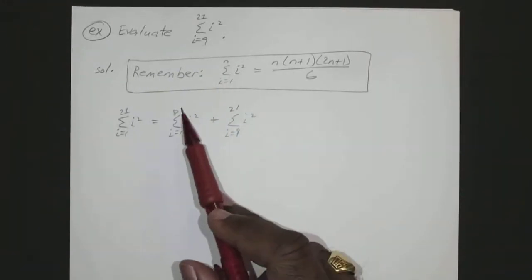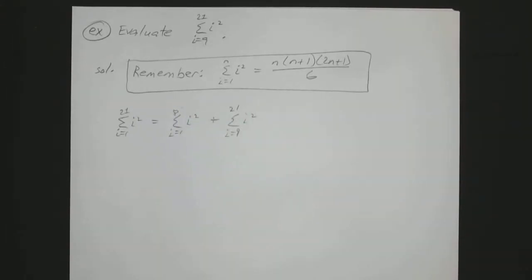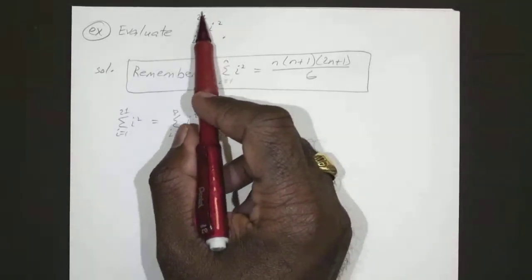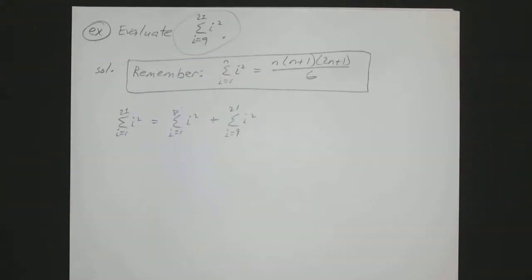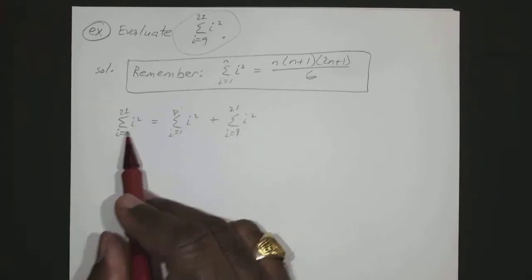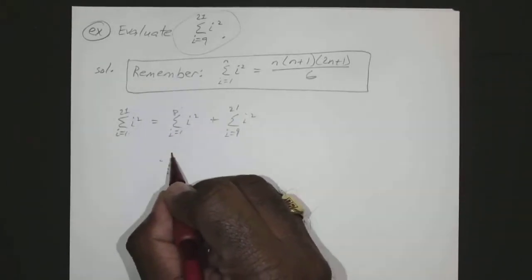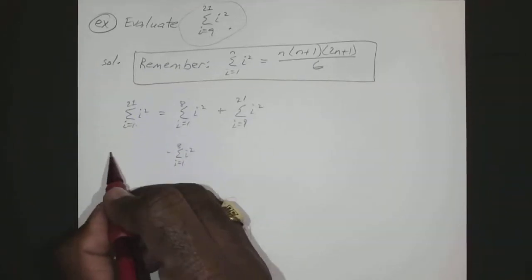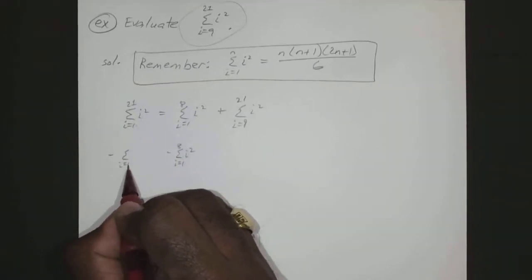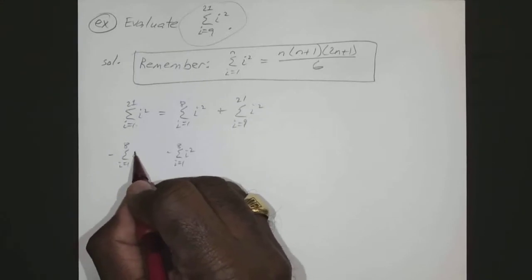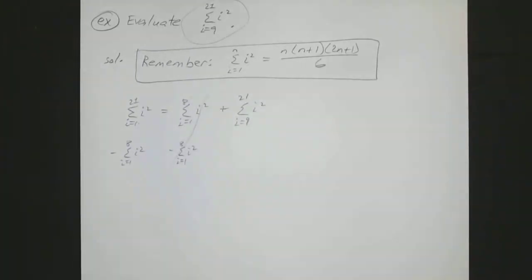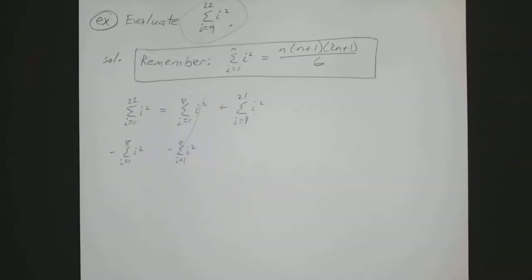So you go from 1 to 8, then you go from 9 to 21. But since we're trying to solve from 9 to 21, we just subtract the 1 to 8 from both sides, where these two disappear.